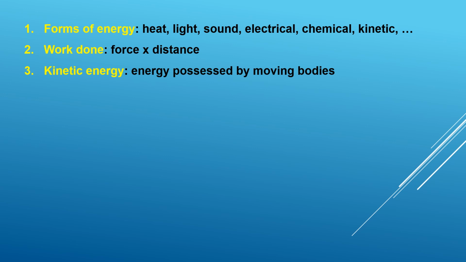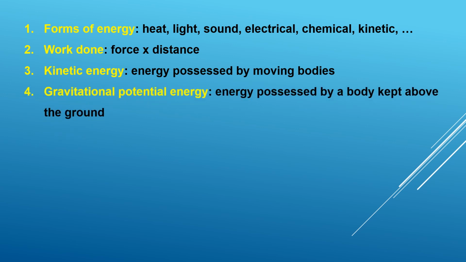Kinetic energy is the energy possessed by moving bodies. We have also studied about gravitational potential energy, which is the energy possessed by a body that is kept above the ground.